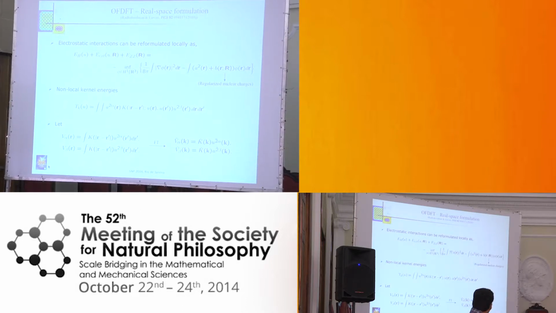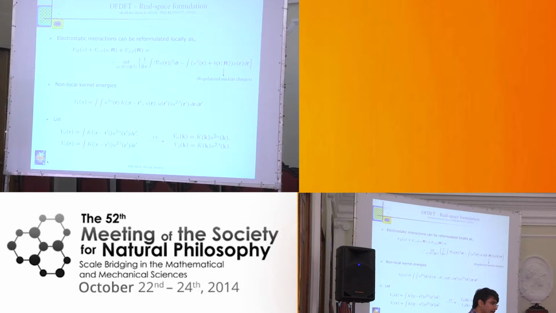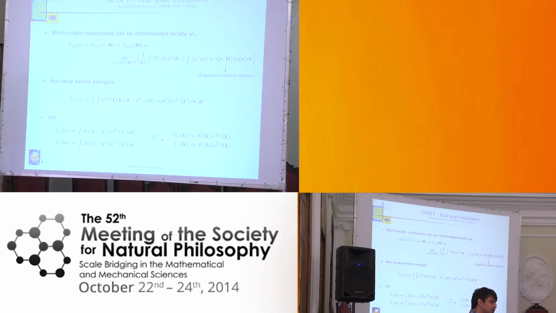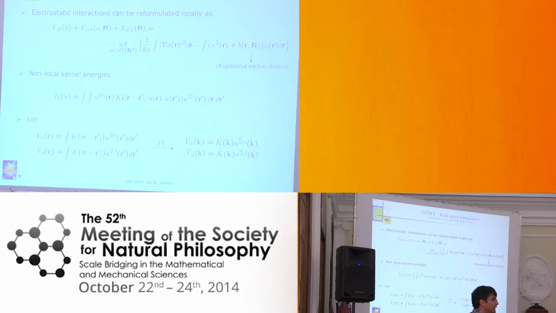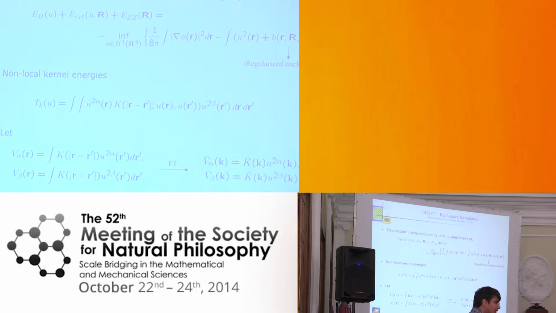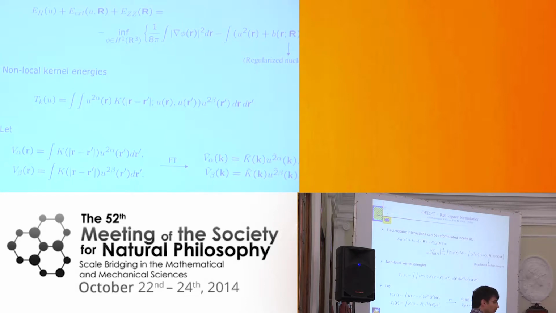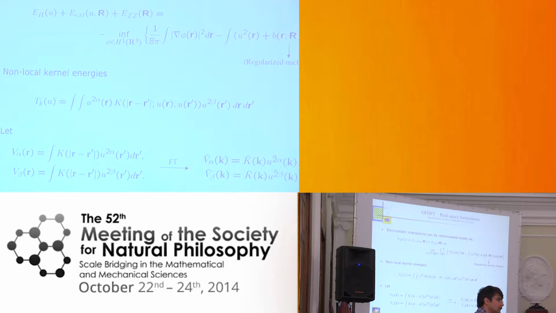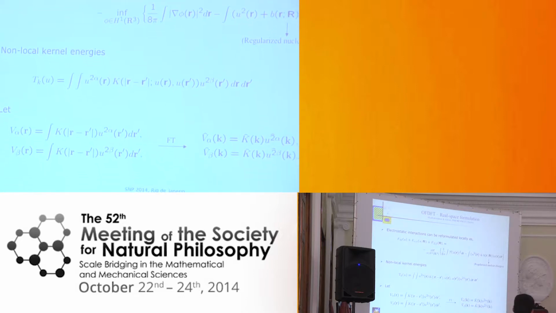So when this kernel depends on the electron density, it's called a density-dependent kernel. But when you do a Taylor expansion about a uniform electron gas, you get a series of density-independent kernels. So I will tell you, if we have a density-independent kernel, how to treat this particular extended interaction. And then if we have a density-dependent kernel, it's just a series of such treatments.